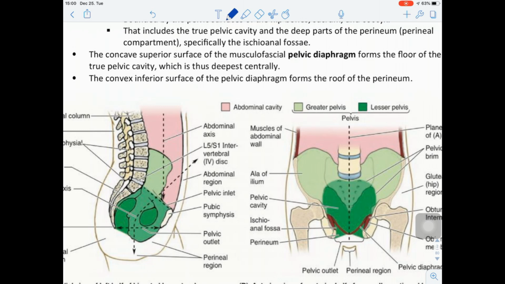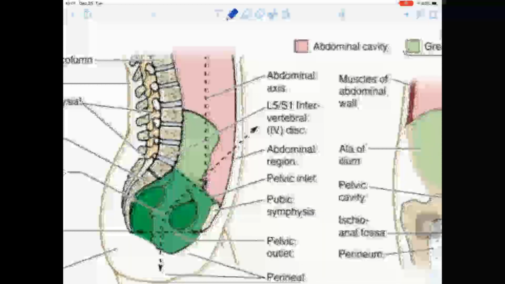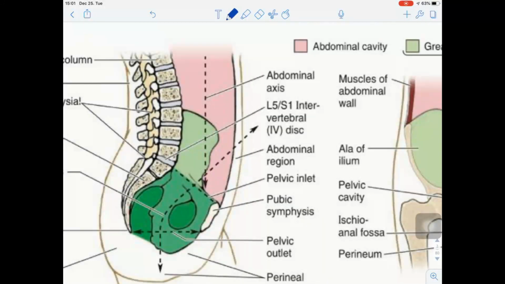Now, from last year, maybe you did a bit of it, you can divide the pelvis into the greater pelvis and lesser pelvis. Okay? So, how would you define the border? If you're looking at the sagittal section here, you're looking at the pubic symphysis here, and here you've got, let's say, the promontory of the sacrum, the prominent part of the S1 vertebra.